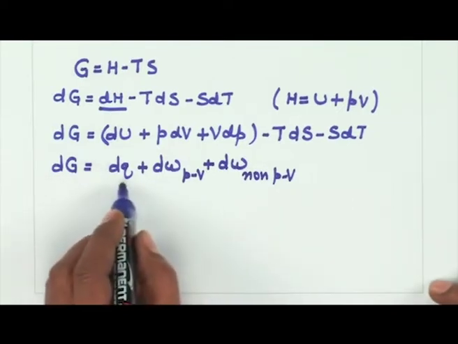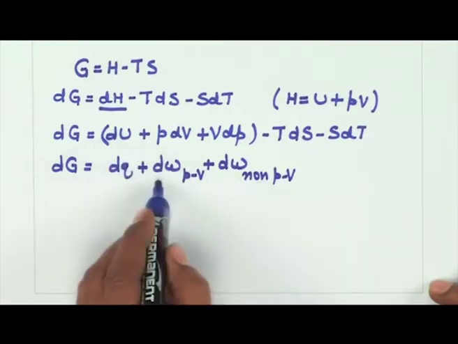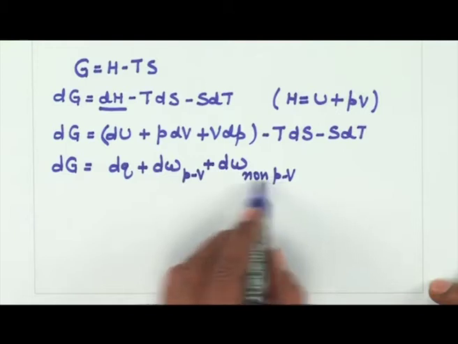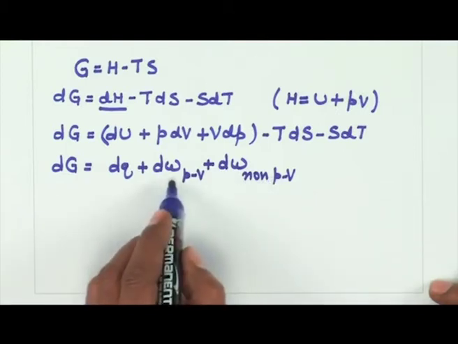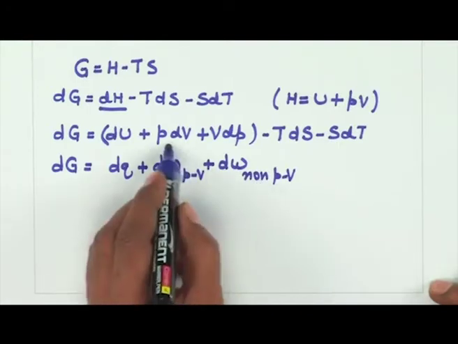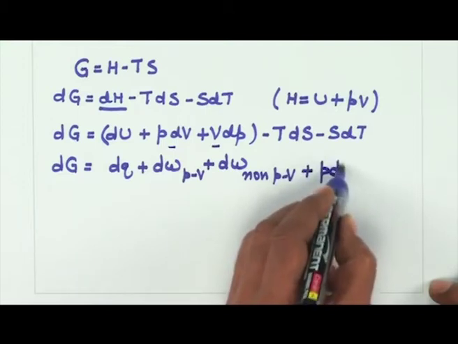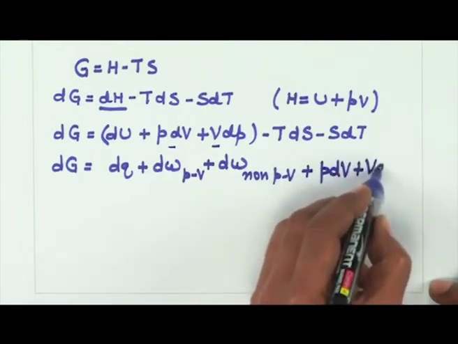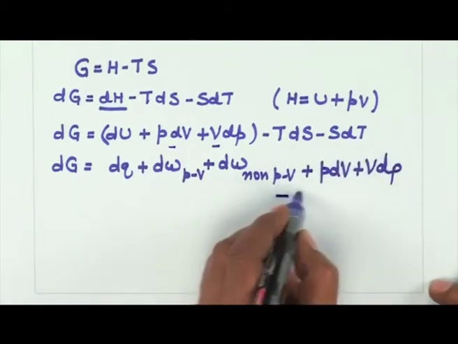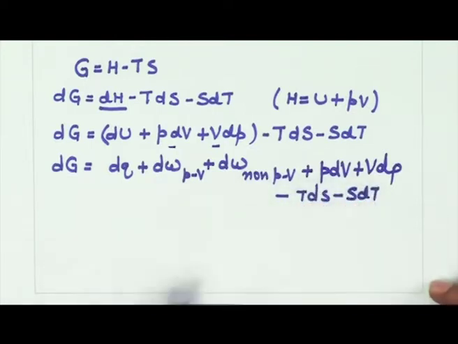This entire thing is for dU, dU is equal to dq plus dw. Now, instead of dw I have divided this dw into pressure volume and non-pressure volume work. Now, the remaining terms are still there, plus PdV plus VdP minus TdS minus SdT.